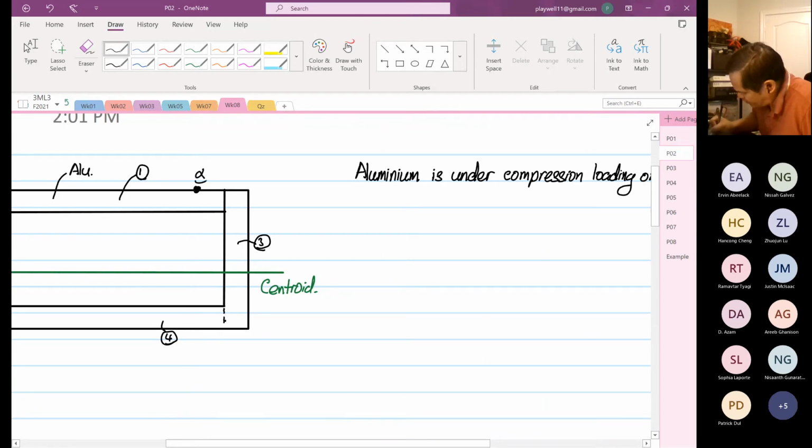I call it point alpha. Right? Because it's the furthest distance away from the centroid. So alpha, or y alpha, point alpha, and y point alpha is equal to, we know the length is 3.475.